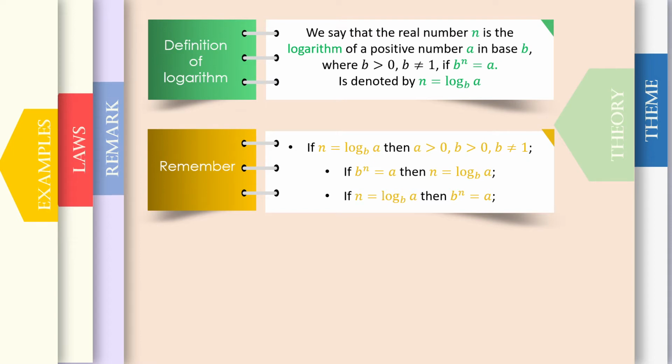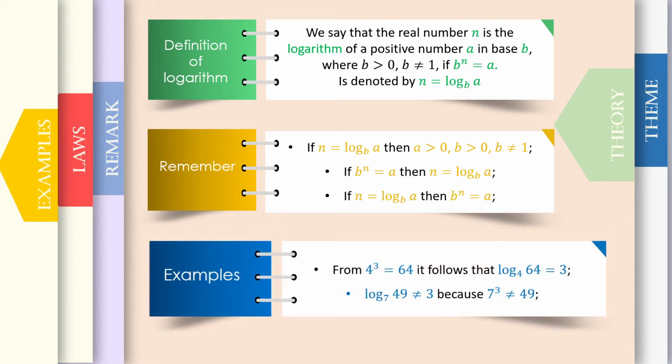If n is equal to logarithm in base b of a, then a is more than 0, b is more than 0, and b is different from 1. If b to the n is equal to a, then n is equal to logarithm in base b of a, and vice versa. If n is equal to logarithm in base b of a, then b to the power n is equal to a.